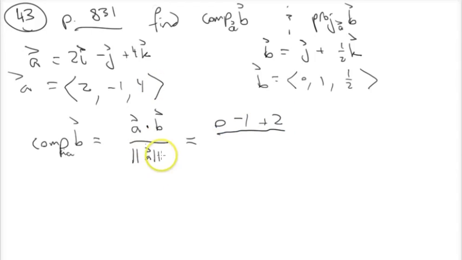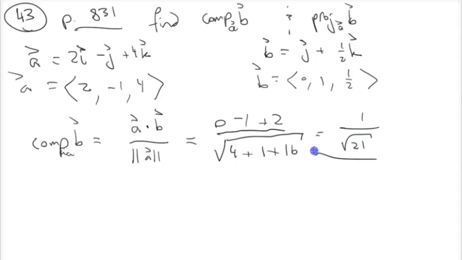Then over the magnitude, and we use our magnitude formula here: the square root of 2 squared, the x component squared, which is 4, plus the y component squared, which is 1 squared, which is a 1, and then plus the z component squared, which is a 16. And so we will get 1 over root 21. That's the scalar projection of B on A.